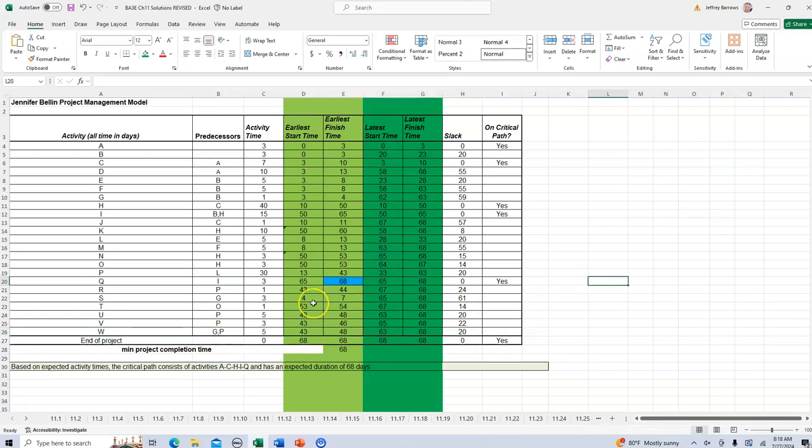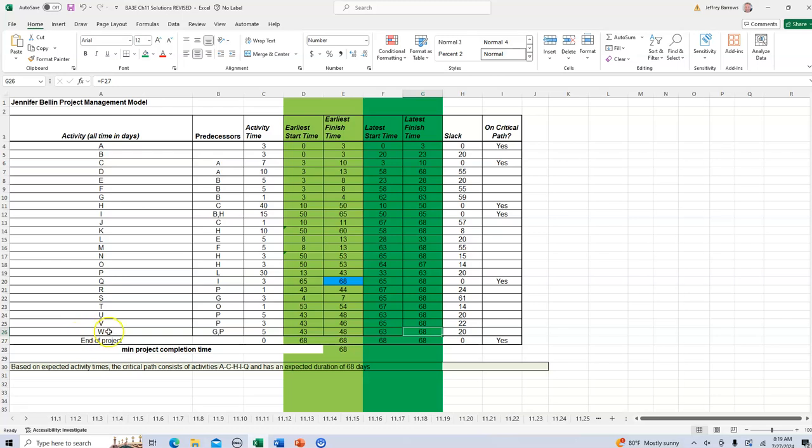So now we've got to reverse our thinking here when we look at the backward pass, because we're going to start at the late finish time of our last activity, which is activity W. Since the project is going to take 68 days, the backward pass assumes that activity W can finish on day 68.